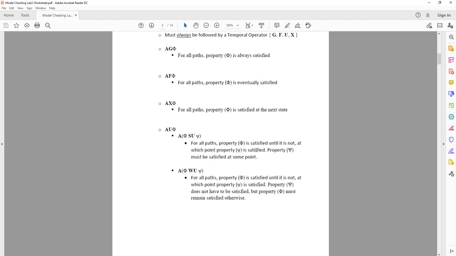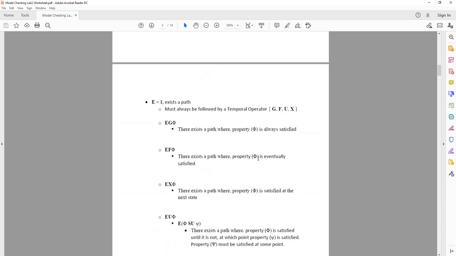Property psi must be satisfied at some point. Again, it's the same strong until as in LTL. The same for weak until: for all paths, property phi is satisfied until it is not, at which point psi is satisfied. Property psi does not have to be satisfied, but property phi must remain satisfied otherwise. This is across, again, all paths.